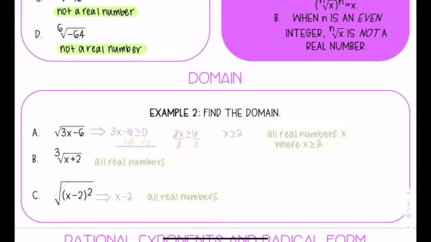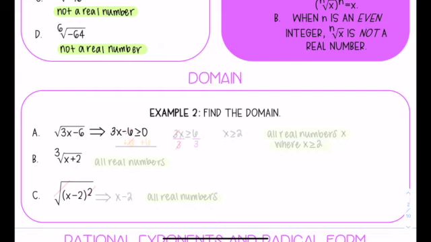What we found from beforehand was we were not allowed to have a negative number underneath the radical symbol when my index was even, and a square root has an index of 2. So what we need to make sure is that the expression underneath the radical is greater than or equal to 0. So we have 3x minus 6 is greater than or equal to 0.